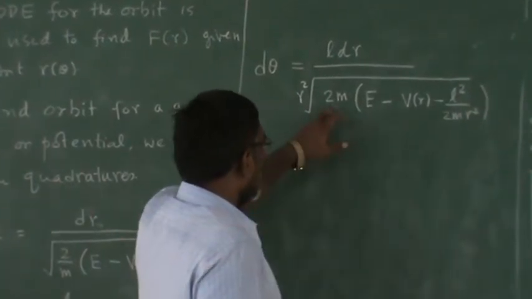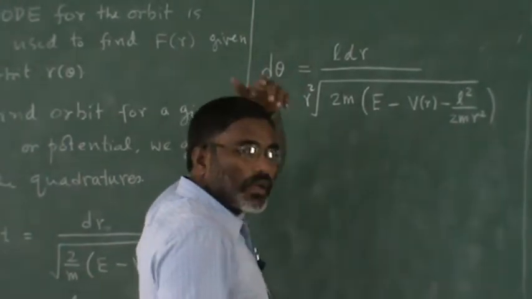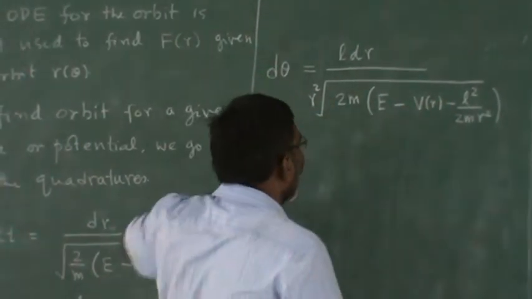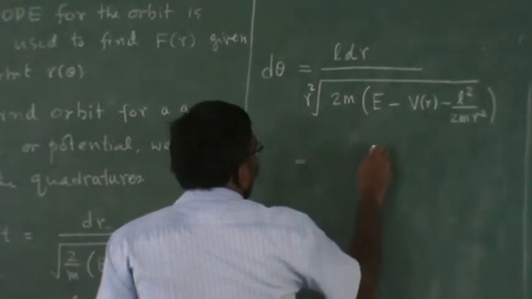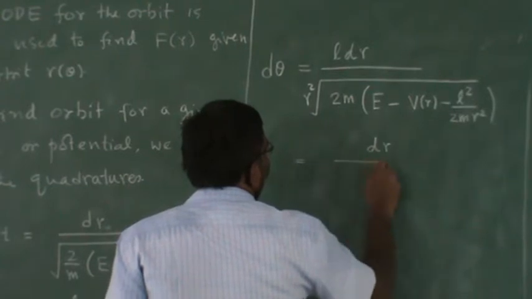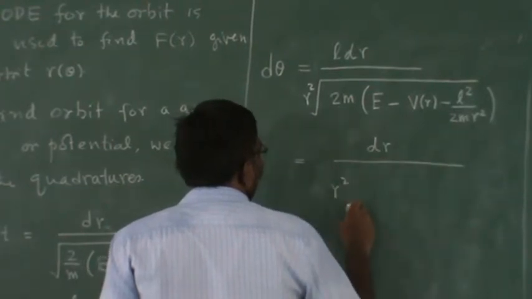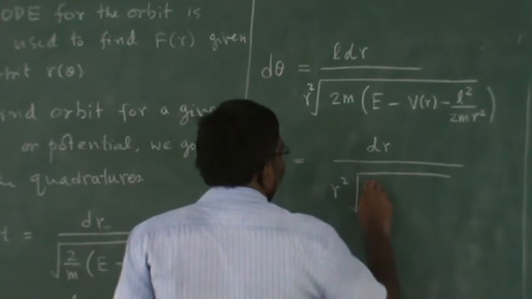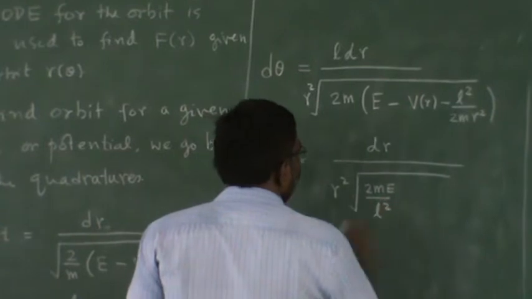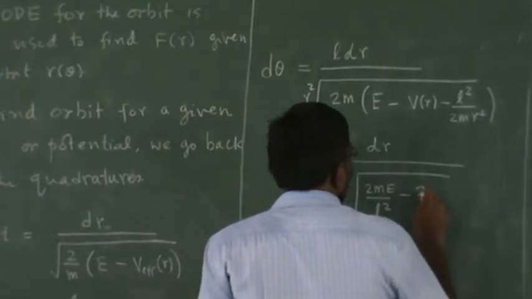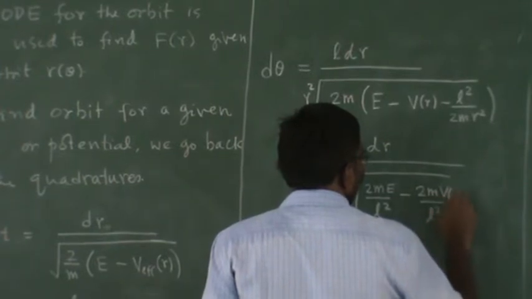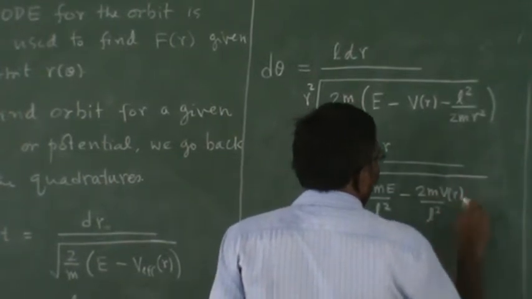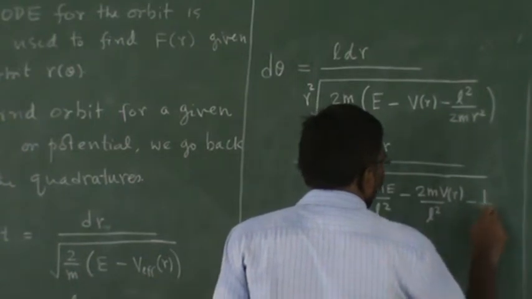Now if I pull L square out of all this, then that L will cancel with this L. This is equal to dr divided by r square, square root of twice mE by L square minus twice m V of r by L square minus 1 by r square.